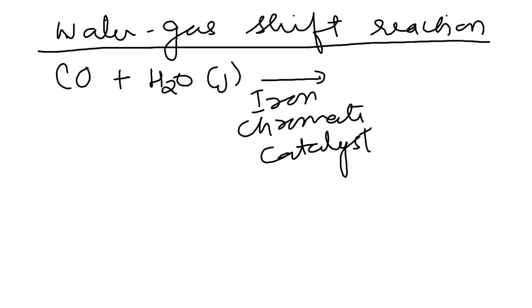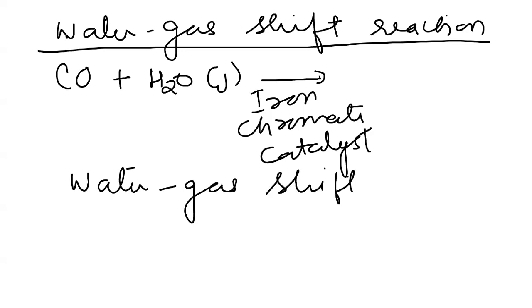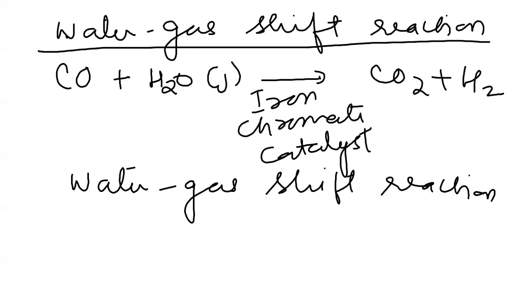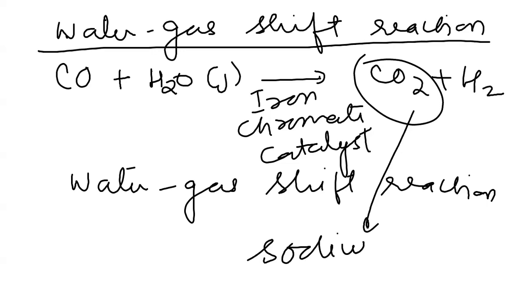This is called the water gas shift reaction, because it is producing carbon dioxide and hydrogen gas. And this carbon dioxide is removed by scrubbing with sodium arsenite solution.